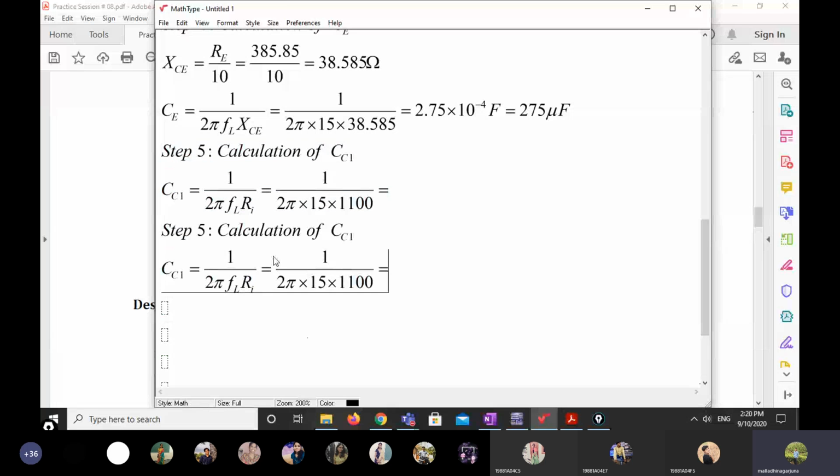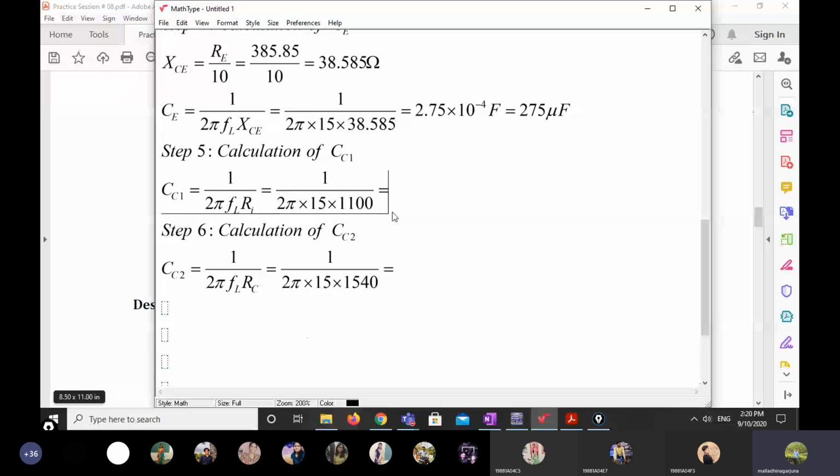Same way, this is step 6. RC 1.54K, so 1540 I'm getting. What is this?